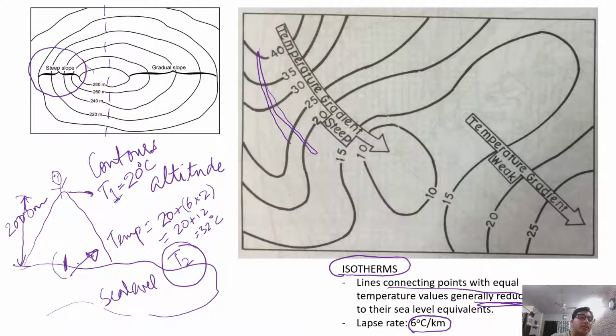So at this particular latitude, a temperature of 32 degrees Celsius at the sea level will be equivalent to the temperature of 20 degrees Celsius at a height of 2000 meters. So this is what it means, that while drawing the isotherms, they have to be generally reduced to their sea level equivalent to make a uniform map. Otherwise it will be too irregular and too difficult to interpret.